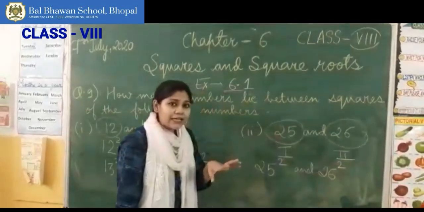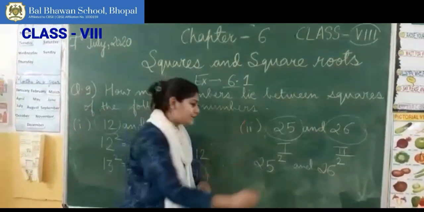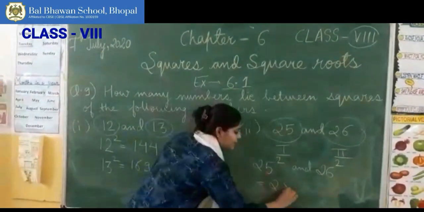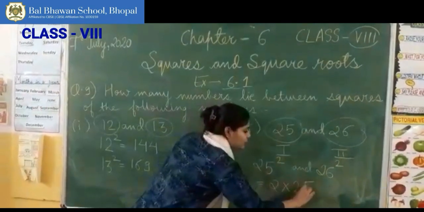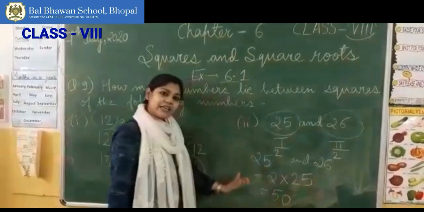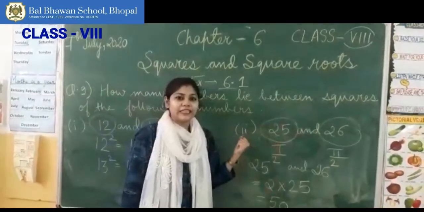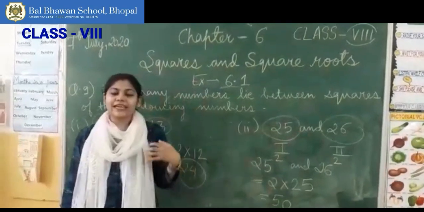So for that, I am just going to double the first number. So twice the first number, that is 2 into 25, and it will give you 50. So 50 numbers will lie between the squares of 25 and 26. So that's how you can quickly get your answers.